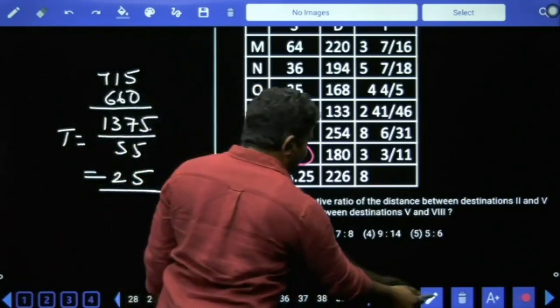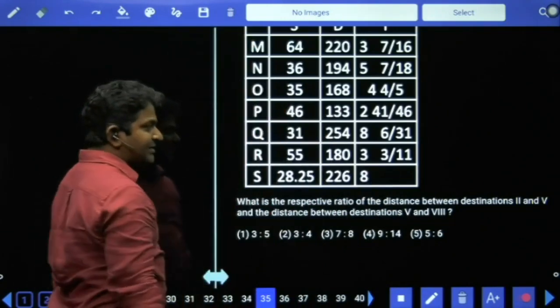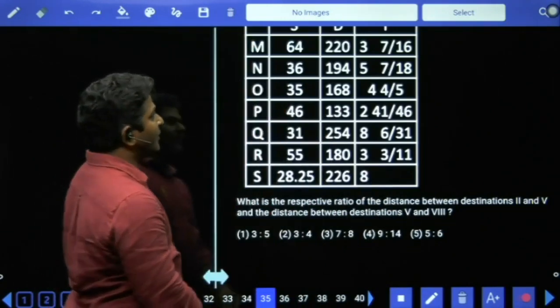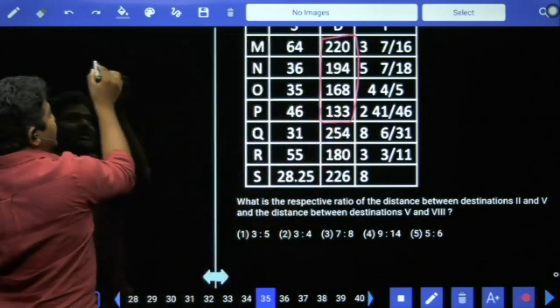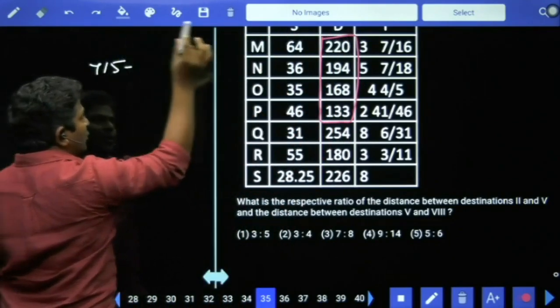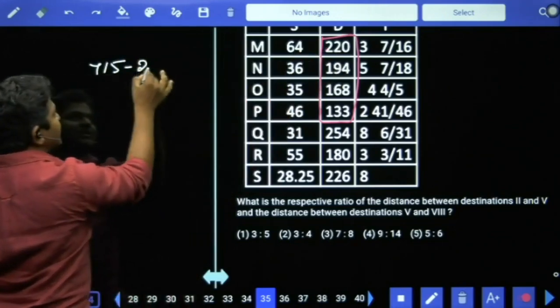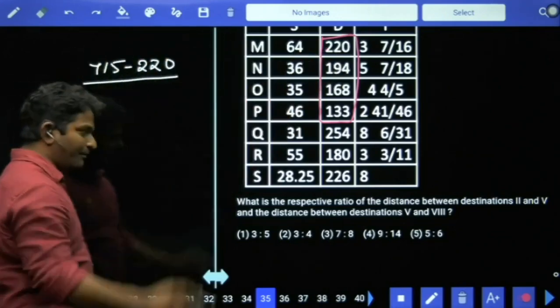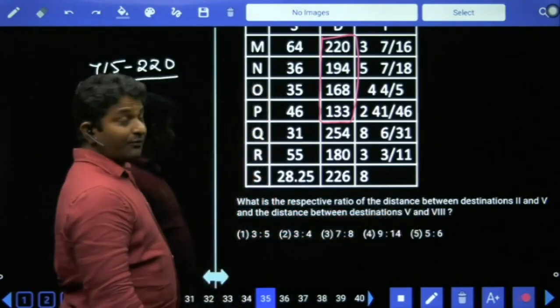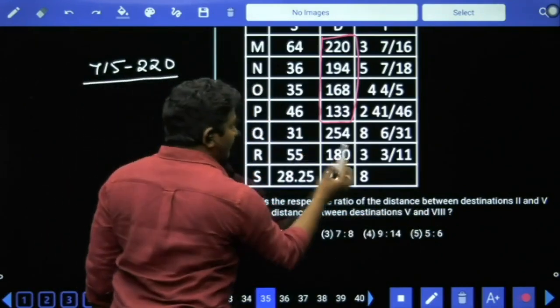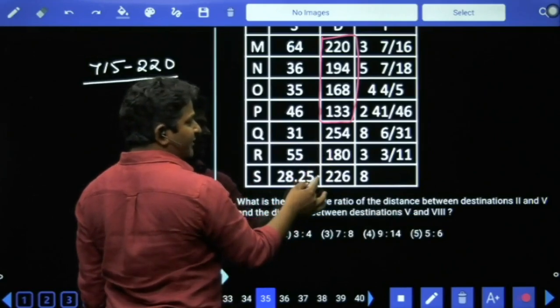What is the respective ratio between distance between destination 2 and 5? So 1 to 5 already we know, that is 715. 2 to 5 in the sense 1 to 2 distance we have to subtract, that is minus 220 by destination 6 to 4, 5 to 6, 5 to 8, 5 to 6, 6 to 7, 7 to 8.